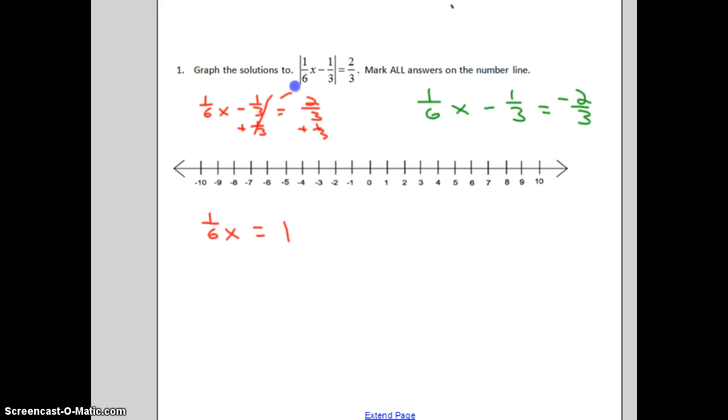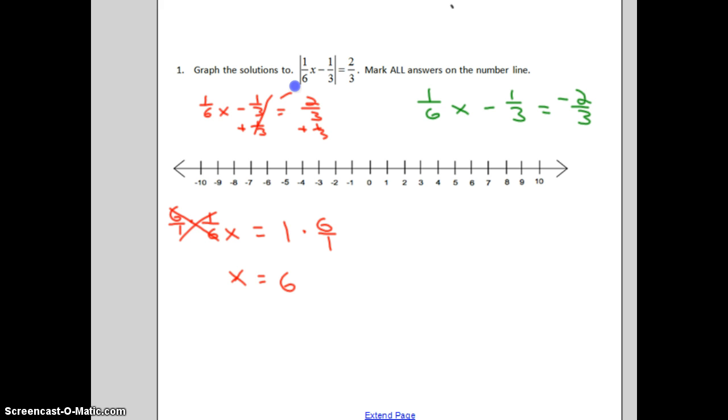And now we move on to our next step. We have to undo this coefficient here. So when your coefficient is a fraction, such as the case here, it's a 1/6, we're going to multiply by the reciprocal on both sides. So the reciprocal of 1/6 is 6/1. So let's multiply by 6/1, which is 6 on both sides. And what that does is, it's x by itself, because 6/1 times 1/6 is 1. 1x is the same as x. So we get x equals 6.